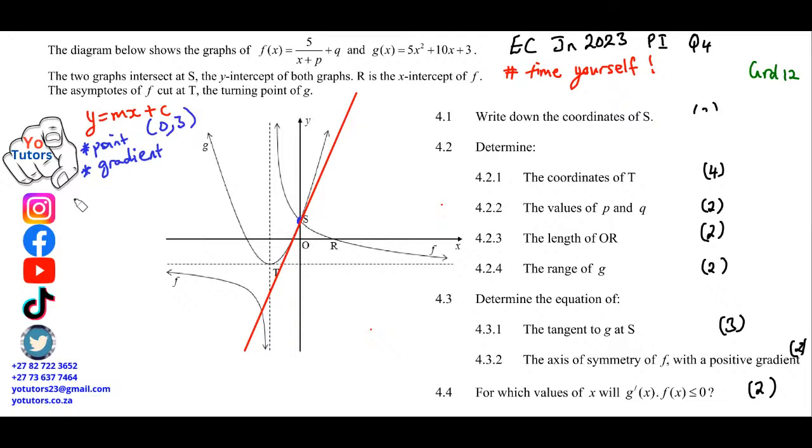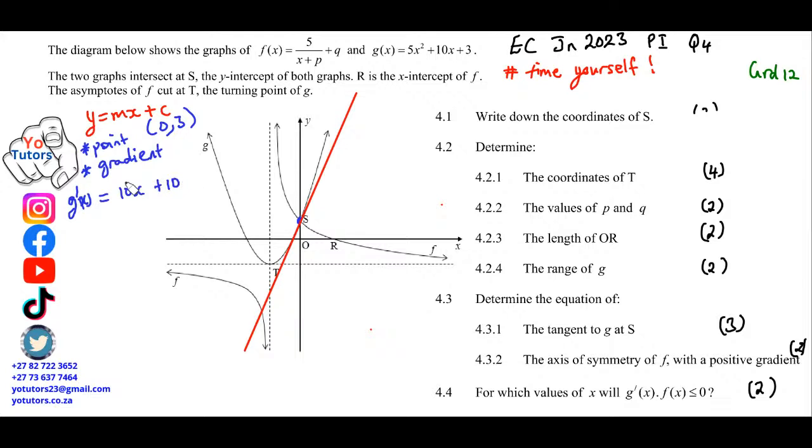What about the gradient? Gradient, we know that you're going to use differentiation. So we're going to say the first derivative of G with respect to x is going to give us 10x plus 10.